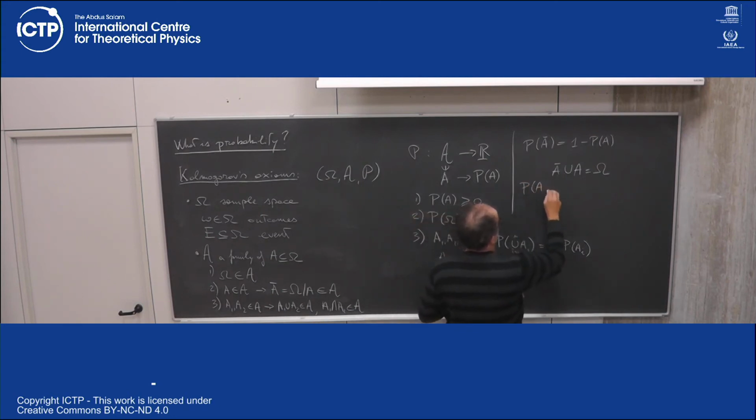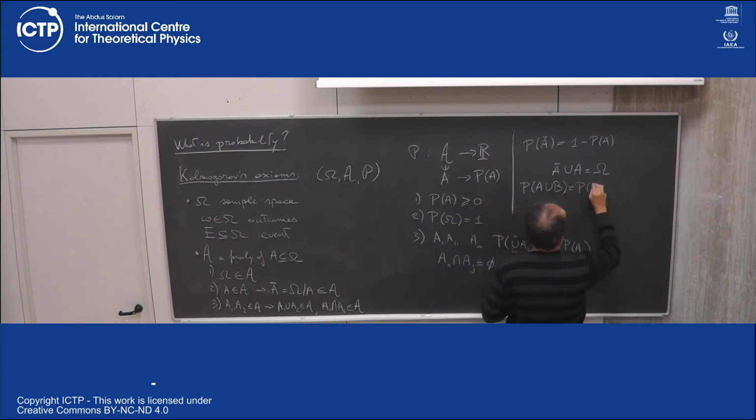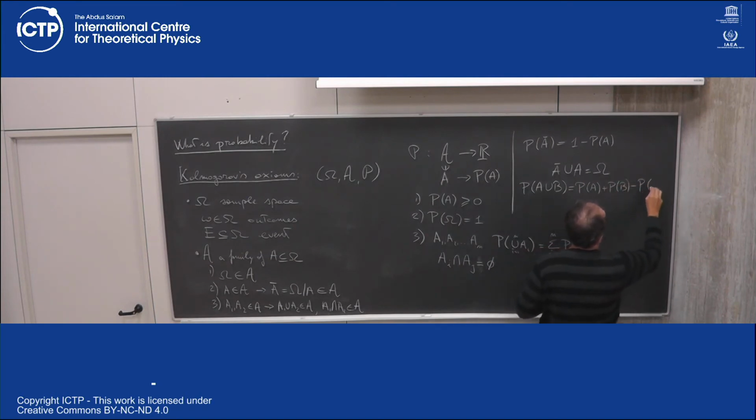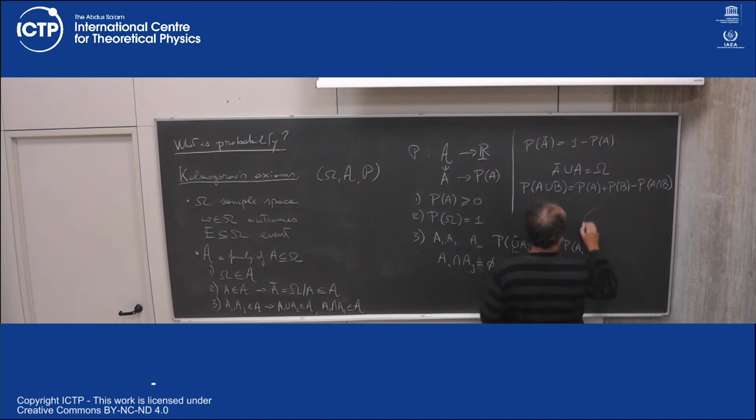Also, another property that you can derive easily from this is that the probability of the union of two events is the probability of one event plus the probability of the other event minus the probability of the intersection. Okay, and how do you do this?